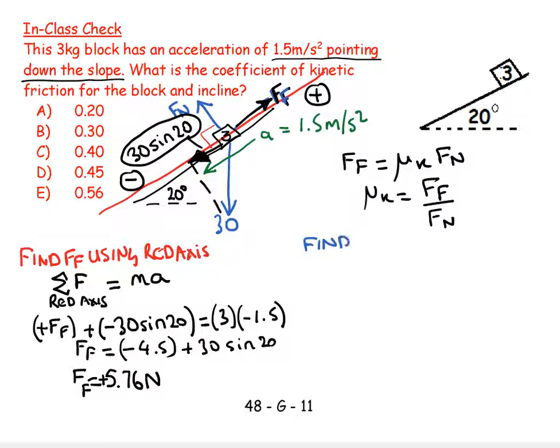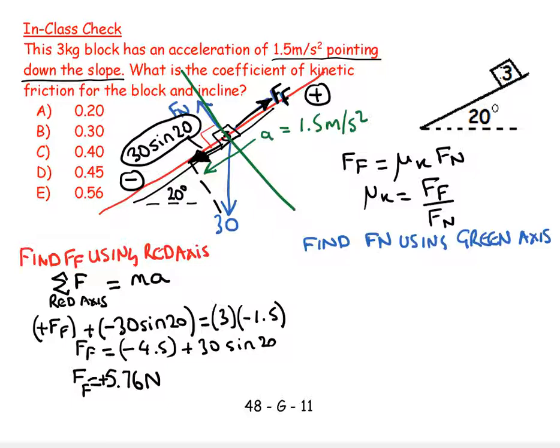Find Fn, using, I want to ignore Ff. I'm going to say using, let's do it as the green axis. I'm running out of colors, aren't I? So I'm going to do the green axis, which is there.